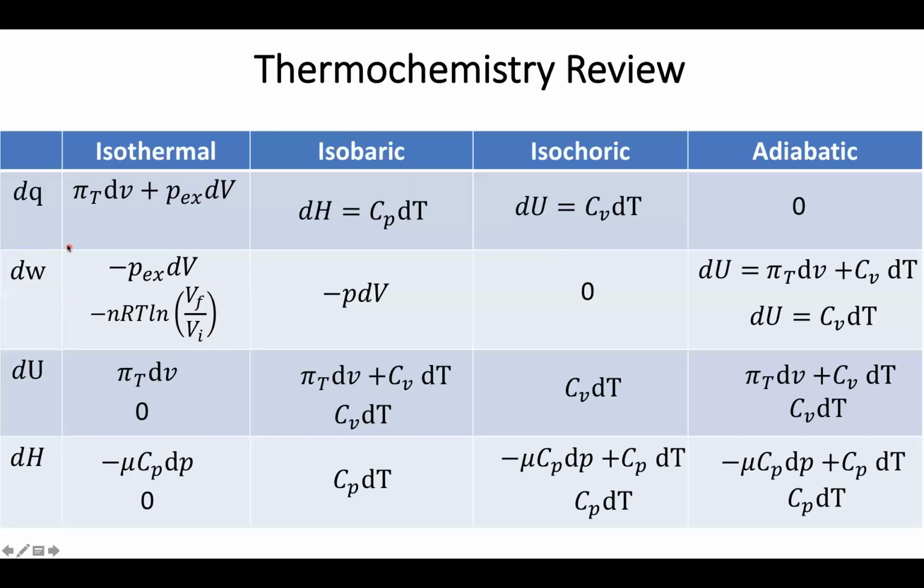However, once we're down to our heat, now we get a little bit trickier, because our heat is going to be equal to our internal energy minus our work term. So unfortunately, this gets a little bit messy.